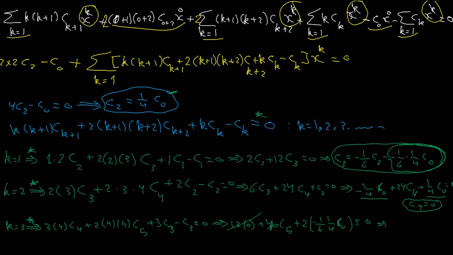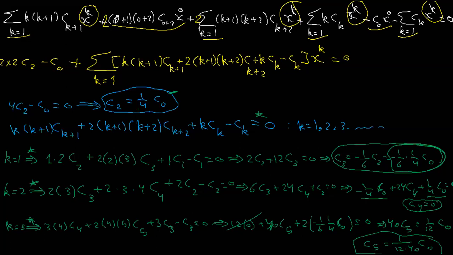So 40 C5 equals 1 over 12 C0. Divide by 40, please. So your C5 now is 1 over (12 times 40) C0. I found C5. So if you need to find C6, please choose your k to be 4.